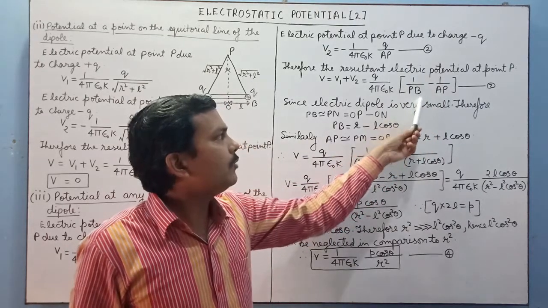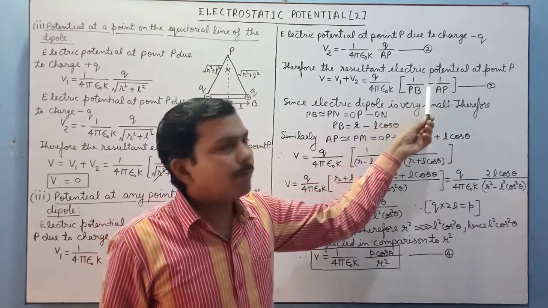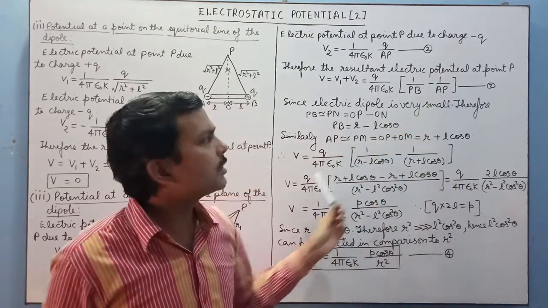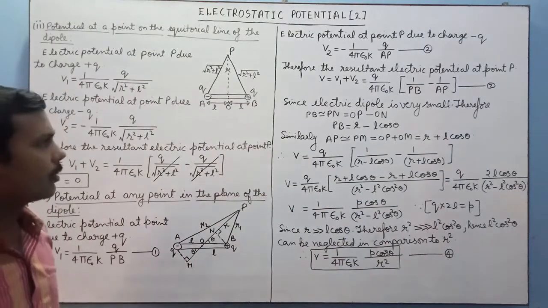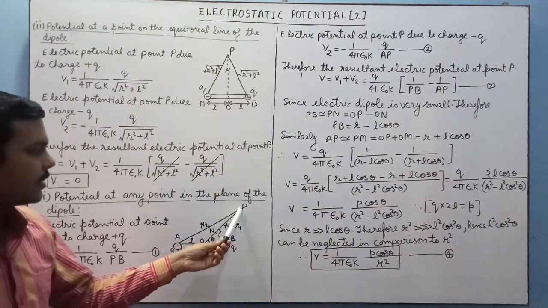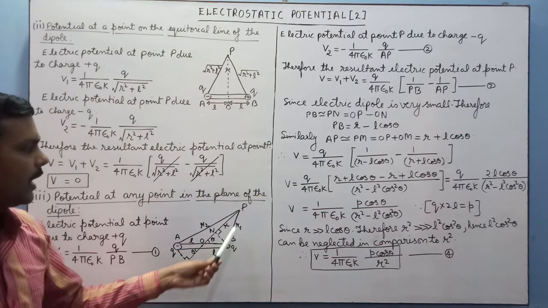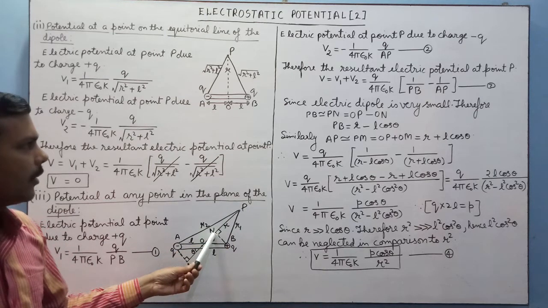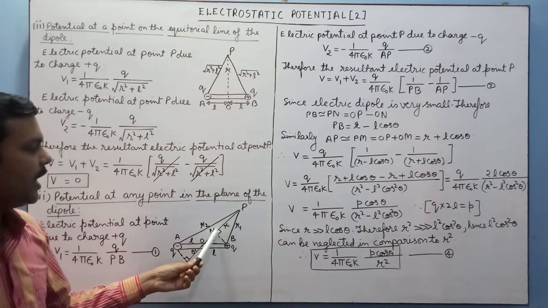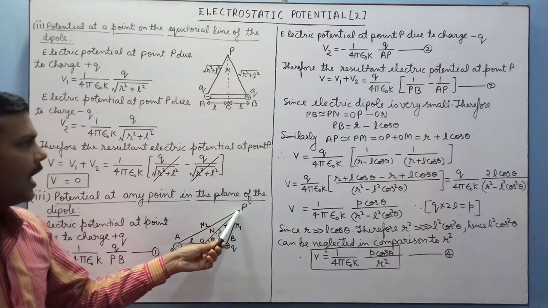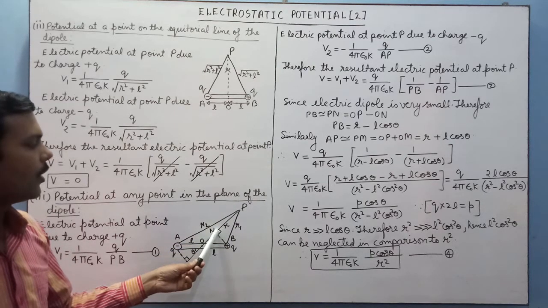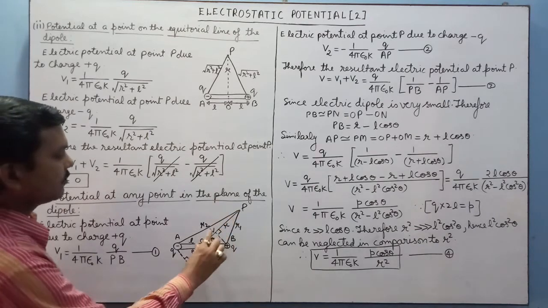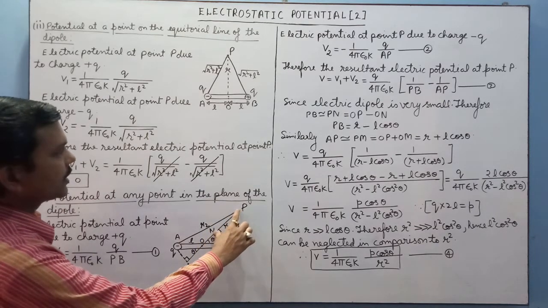Now we will determine the values of PB and AP by using geometry from this figure. The electric dipole is very small here, and therefore this distance PB can be taken as equal to PN, and this distance PN can be obtained as OP minus ON. Means this distance minus this distance, you will get this distance.